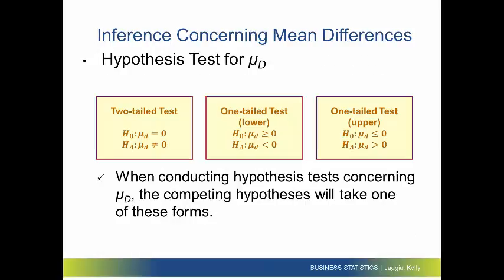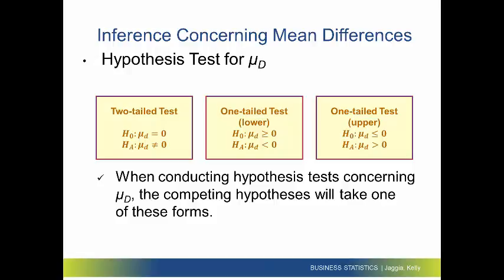Here are the hypotheses for paired tests. Note that as we are computing differences as part of the test, we are comparing the average difference to 0, and the hypotheses relate to the mean difference, μd. If we are interested in assessing a difference, then we run a two-tail test, and the hypotheses are H0: μd equals 0 and HA: μd does not equal 0.